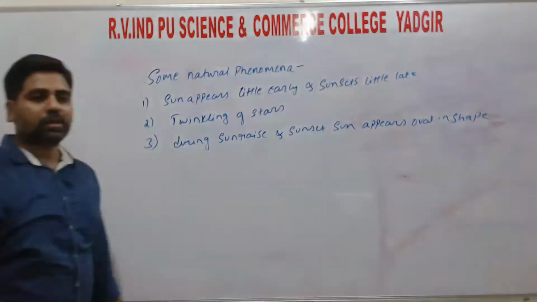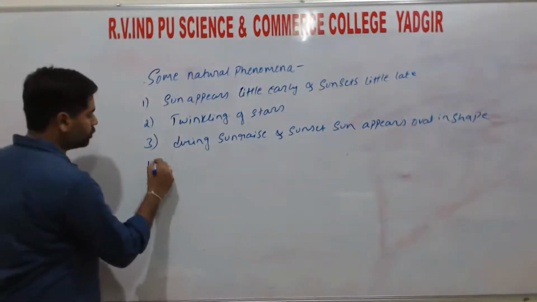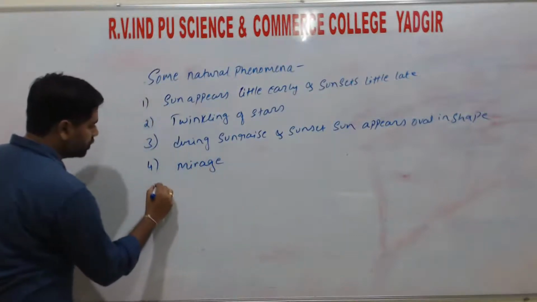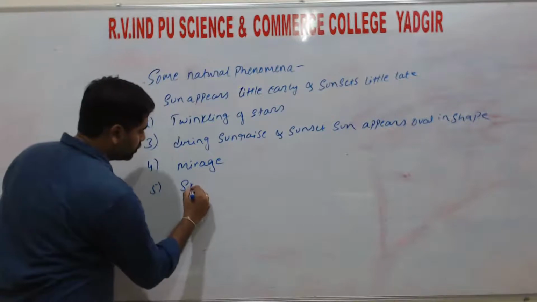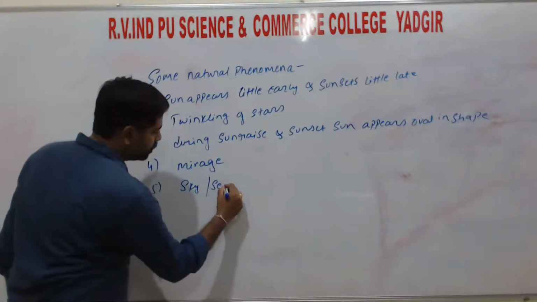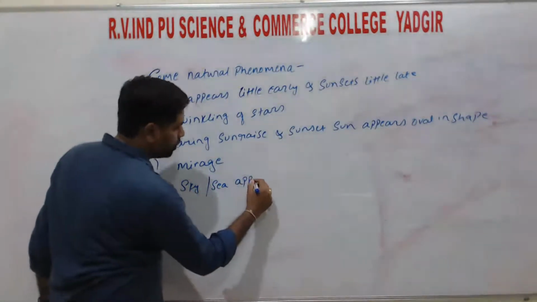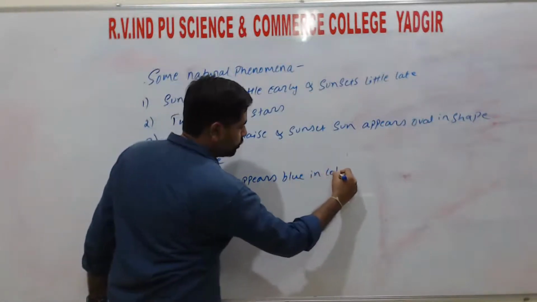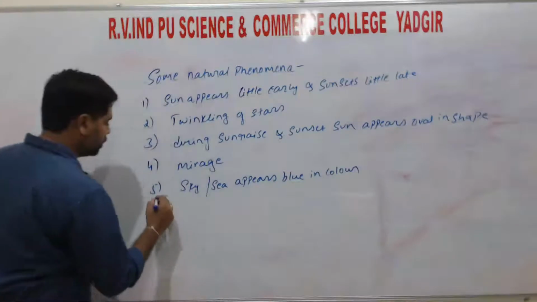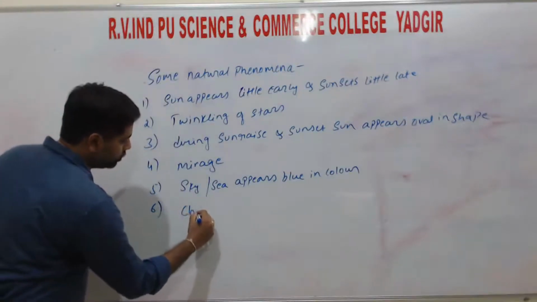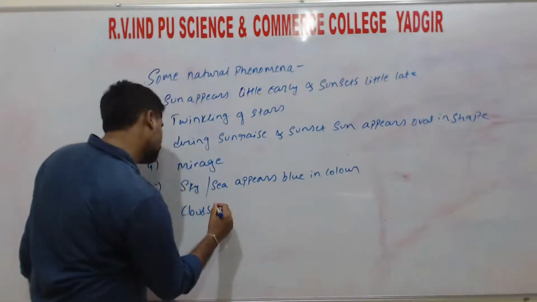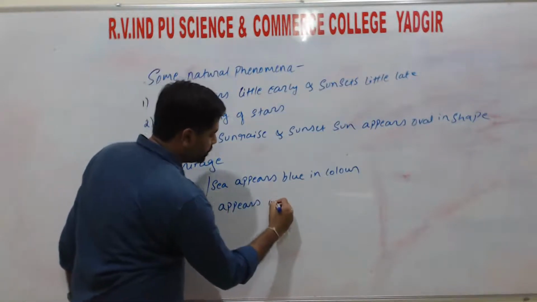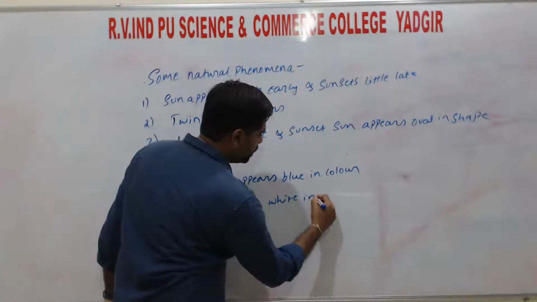So this is the third phenomenon, and the fourth one is mirage. Next, the fifth one is sky or sea appears blue in color. The sixth one is clouds appear white in color.